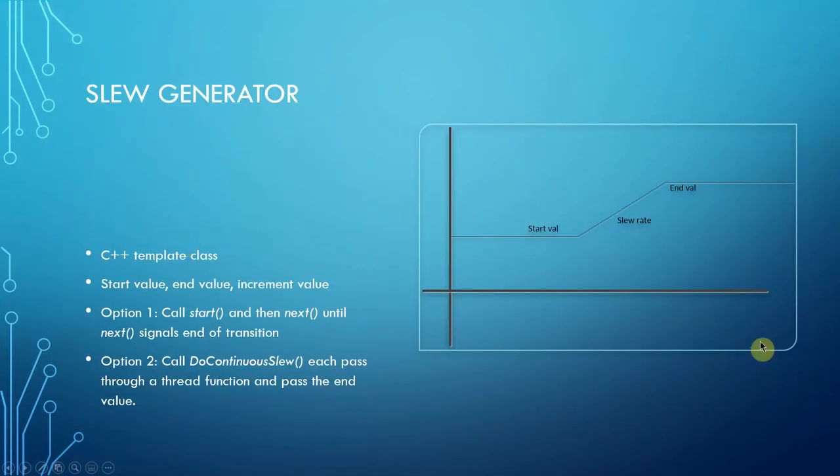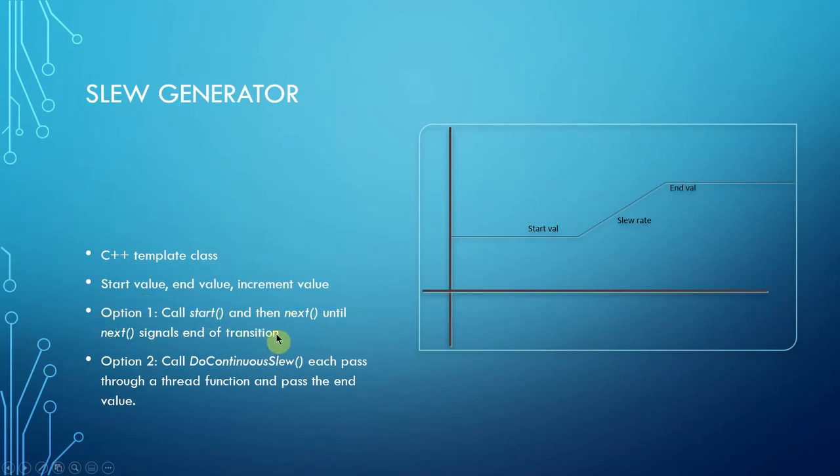The Slew Generator is here to help you create a controlled rate of change for a signal that you're creating in software. It's a C++ template class. It has a start value, an end value, and an increment value. And so the first option is to call start with those values, passing in start, end, and increment.